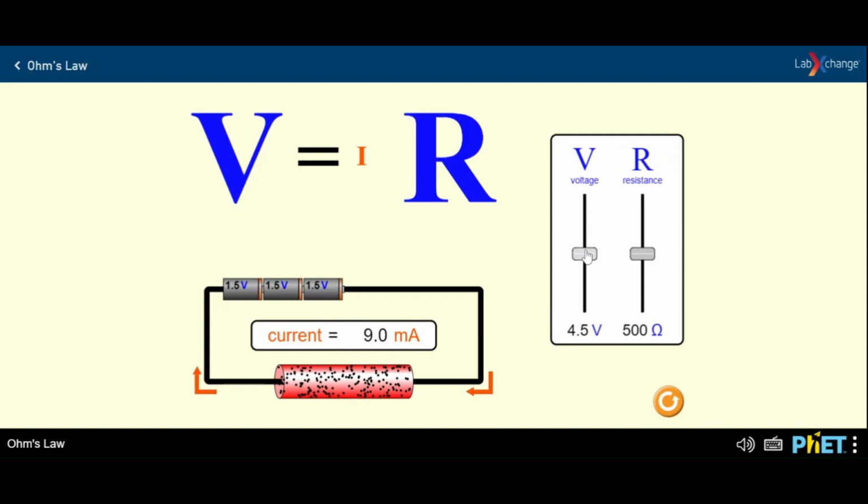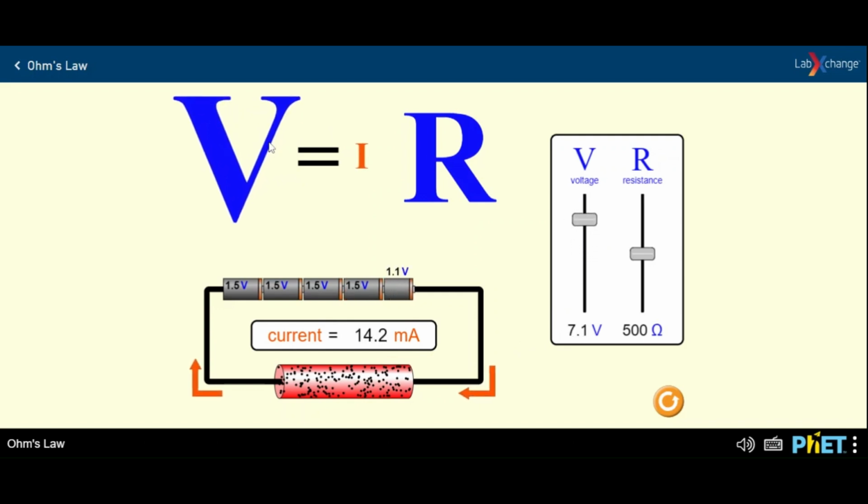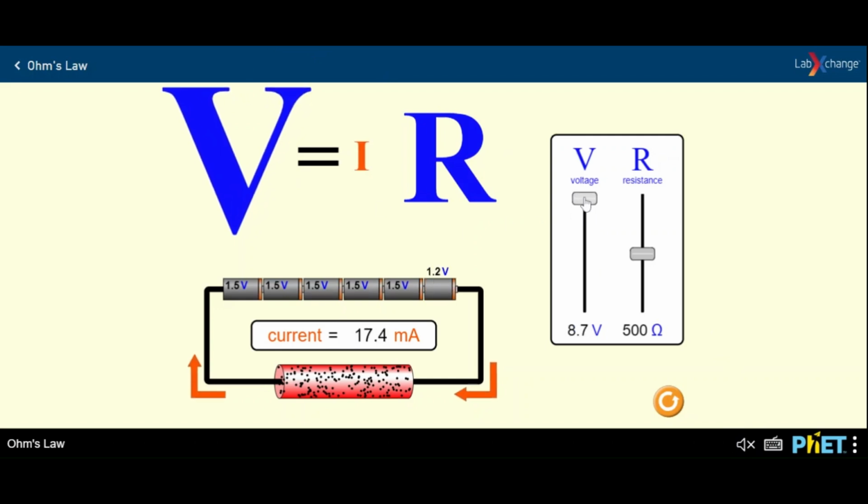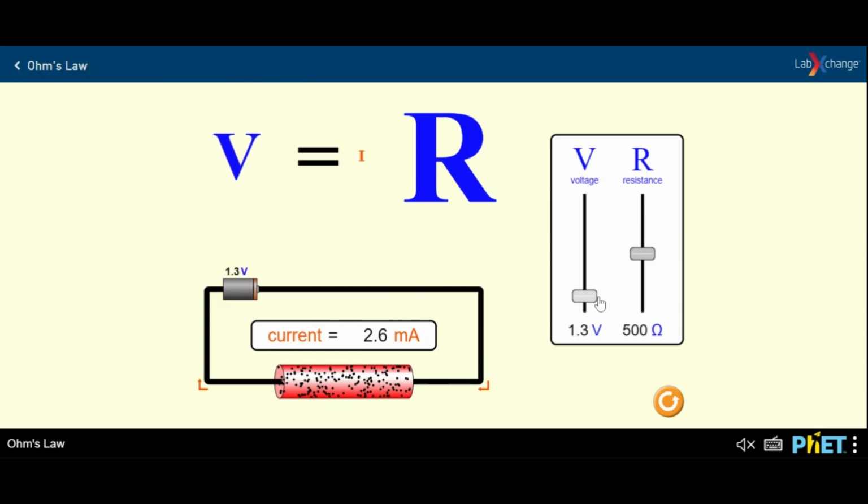If I increase voltage, look at what is happening here. If I increase the voltage here, then my current is also increasing. If I reduce the voltage here, my current is also reducing.